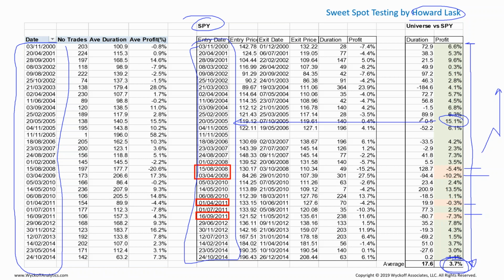Coming back to the sweet spot. Again, this idea of the sequence of strength, a strength on the rally and subsequent strength on the reaction. And for the longest time, when I started using this concept for my own trading, it was really hard to follow this sequence.